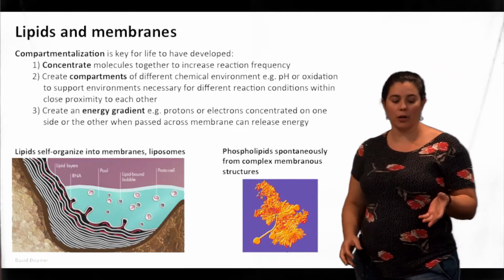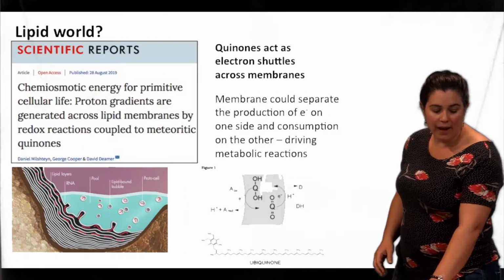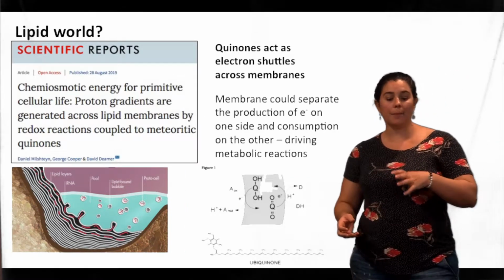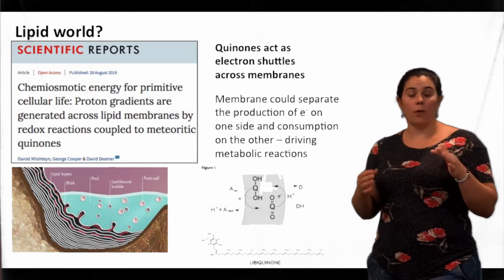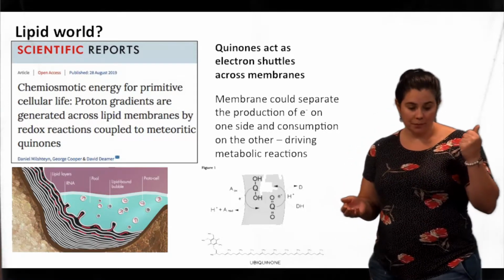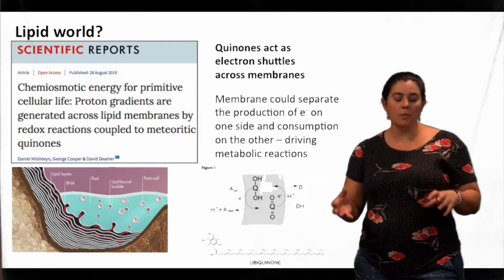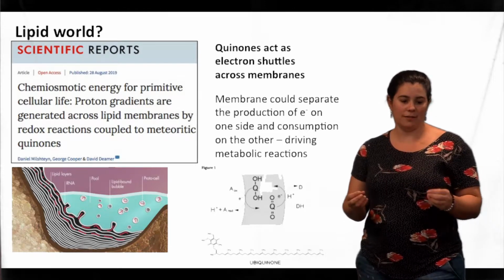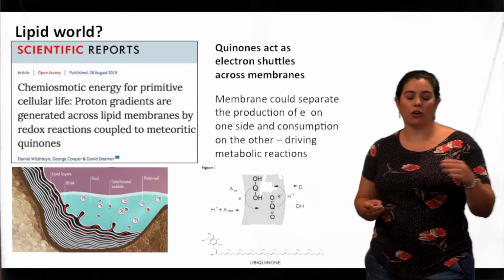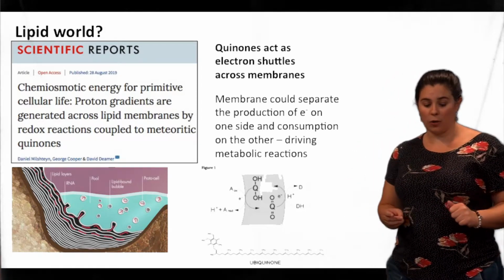A recent paper came out looking at how this may have worked on early Earth, actually incorporating electron shuttle molecules that have been found in asteroids. They show the potential for chemiosmotic energy from primitive cellular life. Proton gradients are generated across the lipid membrane by redox reactions coupled to meteoric quinones.